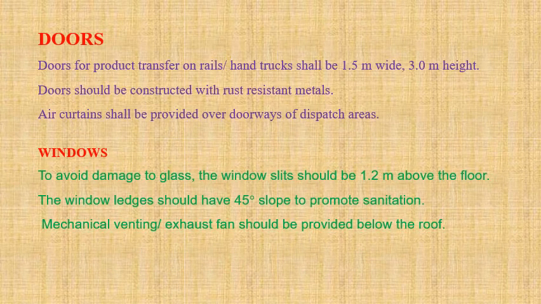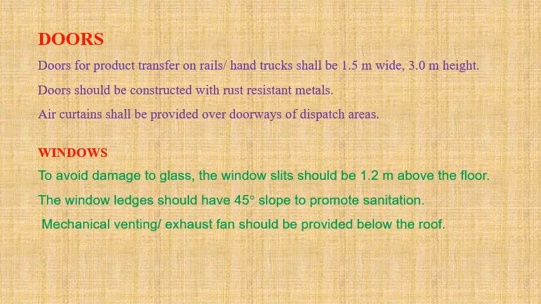Doors and doorways, as I have already mentioned earlier: doors for product transfer on rails or hand tracks shall be 1.5 meters wide and 3 meters in height. Doors should be constructed with rust resistant materials because inside the slaughter hall there will be heavy humidity everywhere due to the use of steam and condensation of steam.